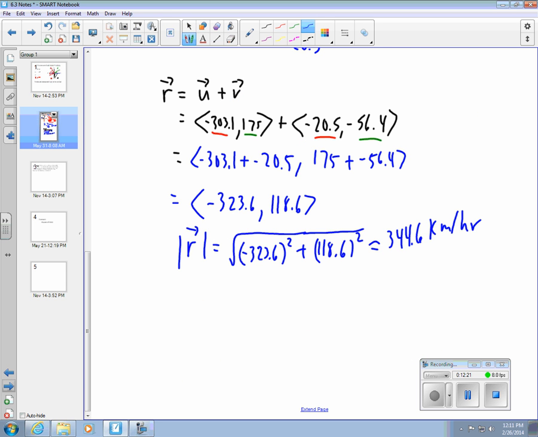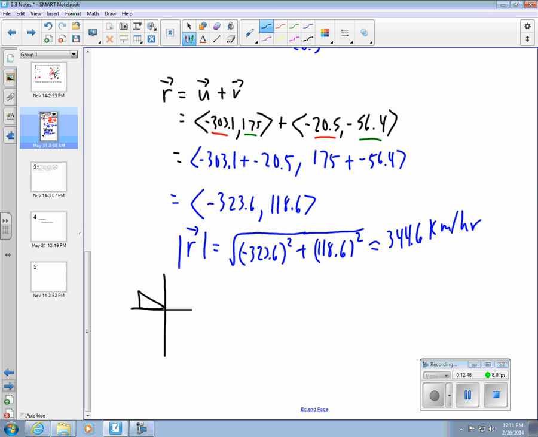Now we got to go ahead and figure out the direction, and that's going to be our angle. Let me show you if I draw this out. So your resultant vector ends up being, we got a negative, so negative goes this way, and then you got a positive which goes this way.